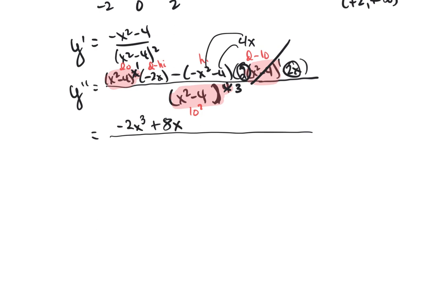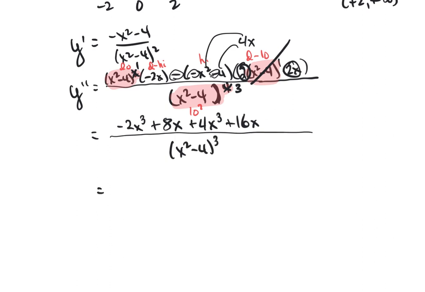Distribute 4x times x squared, 4x times 4, and then work on my plus and minuses. For the first term, I would have 2 negatives, so that makes it a plus. And for the second term, I would have 2 negatives, so that makes it a plus. And then down in the basement, I still have x squared minus 4 cubed.